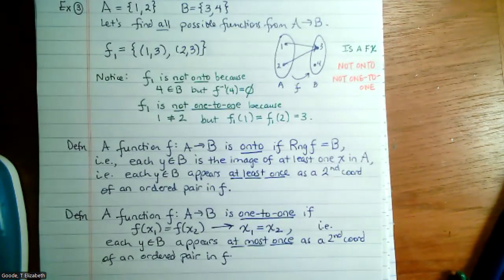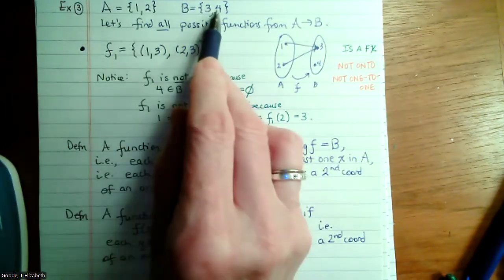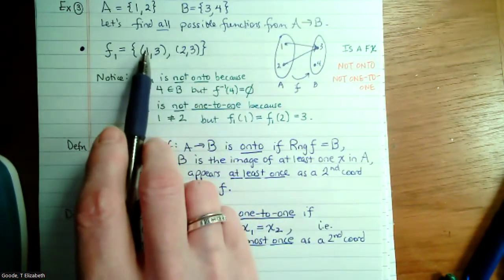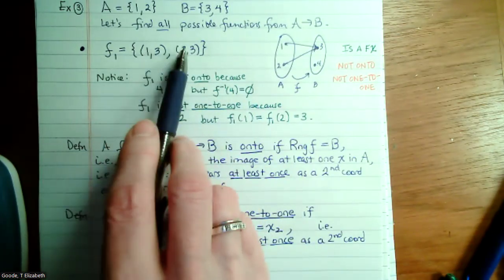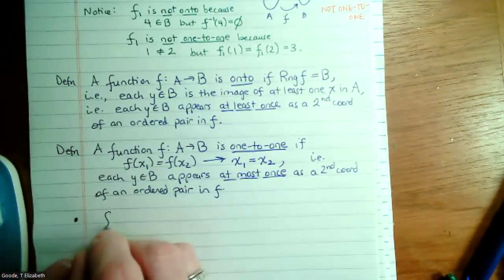Now, if we want to keep looking to find the rest of the functions from this A to this B, well, we could send both 1 and 2 to 4. That would be a function from A to B.